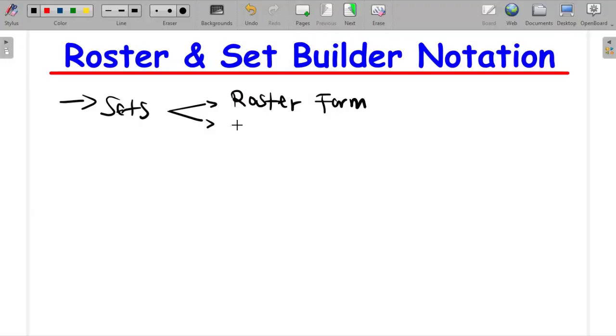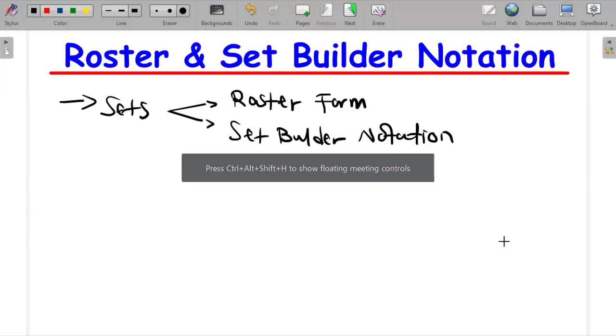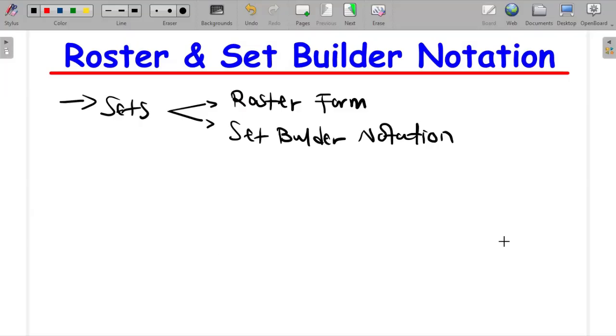And number two, we're going to use what we call set builder notation. So these are very important key concepts that you must know in this course. These two are some of the ways in which we represent sets.